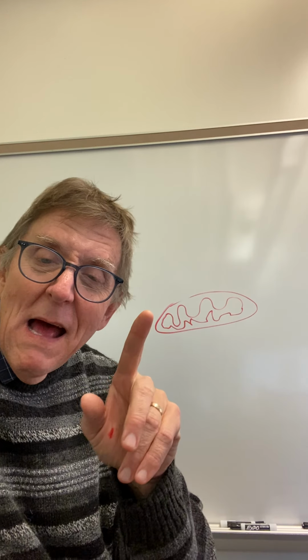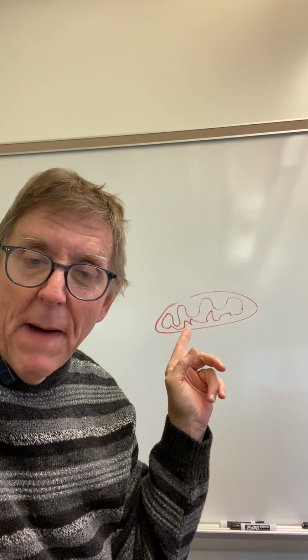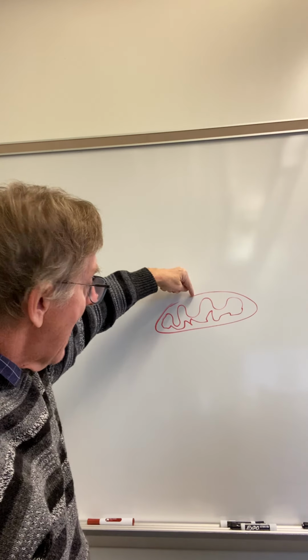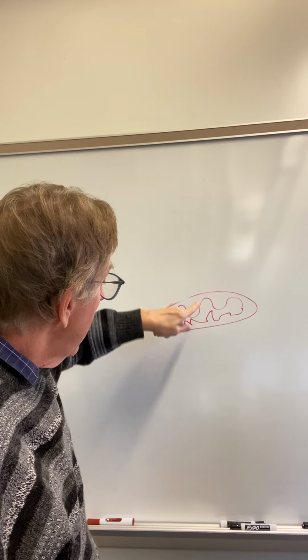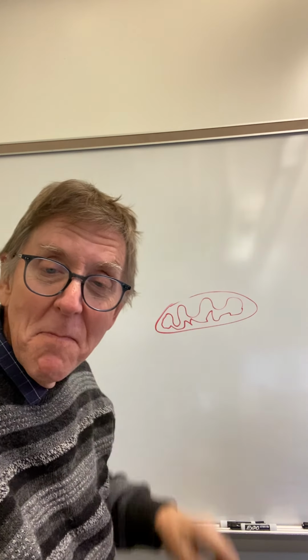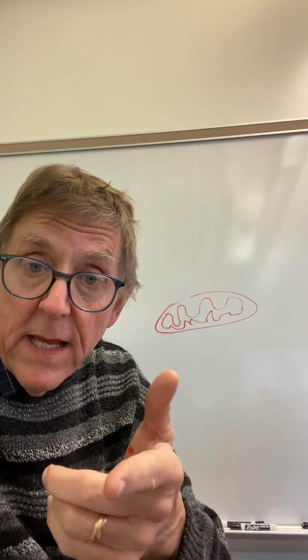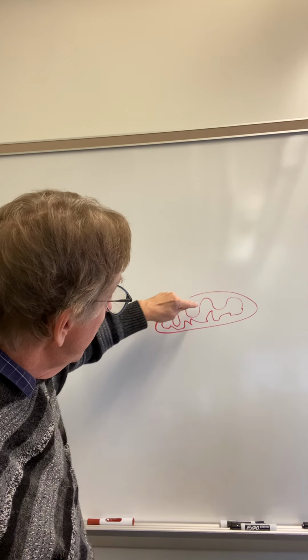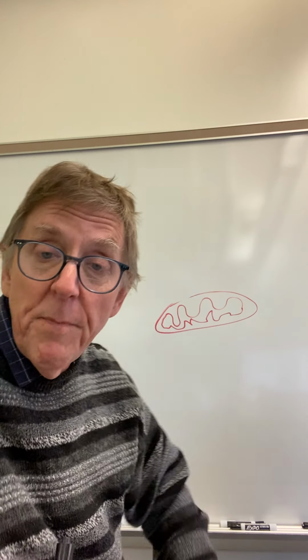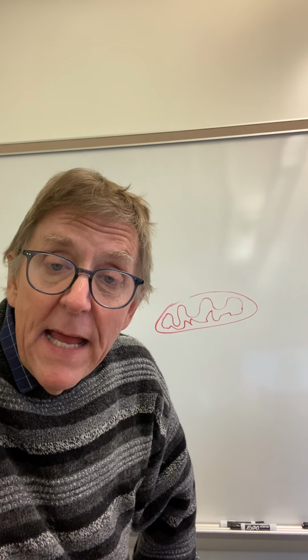And so we have all these different parts of the mitochondria. We had said we have the outer membrane, and then we have this funny curly membrane on the inside, which is the cristae, and then we have a space in the middle, which we had called the matrix.